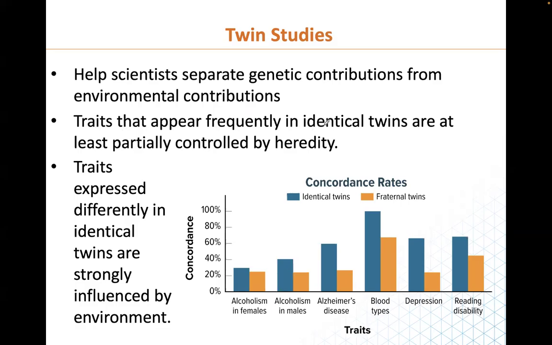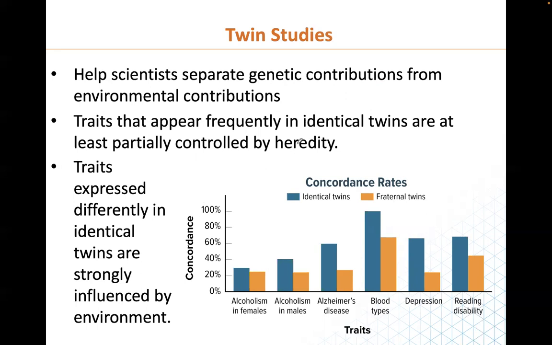Traits that appear frequently in identical twins are at least partially controlled by heredity. Traits expressed differently in them are strongly influenced by the environment.